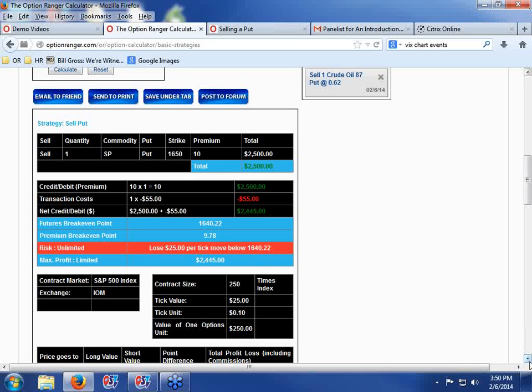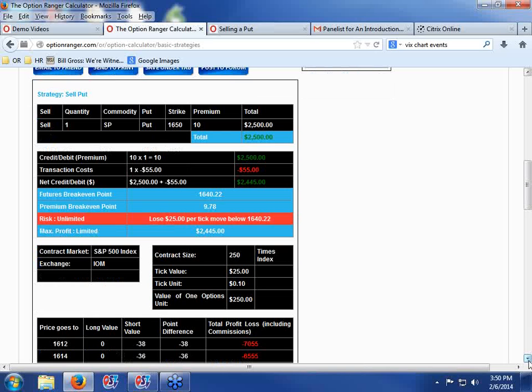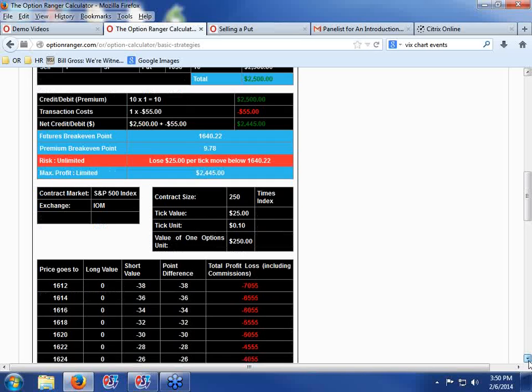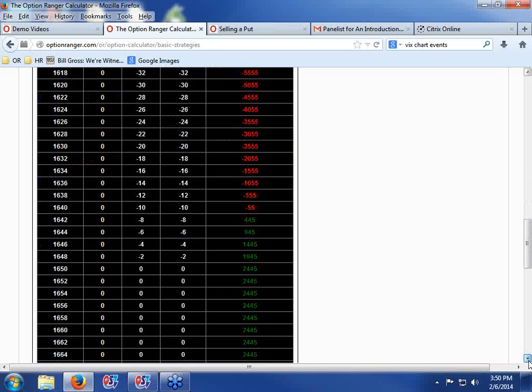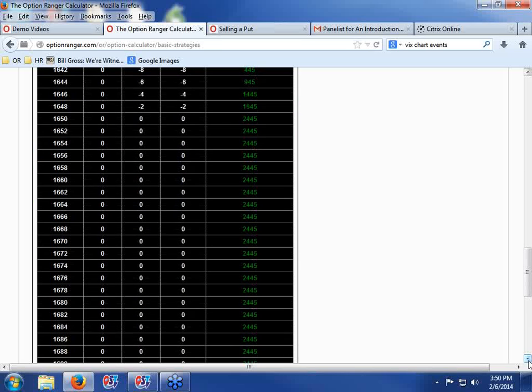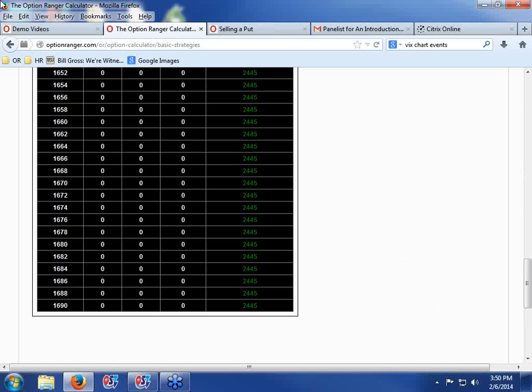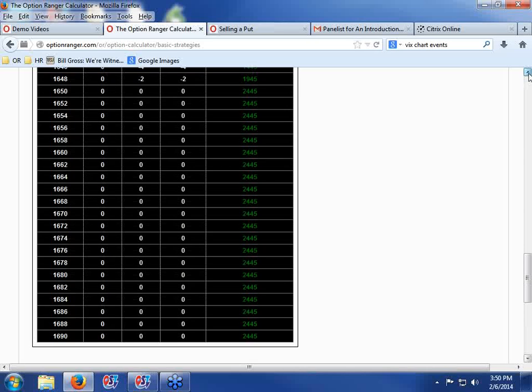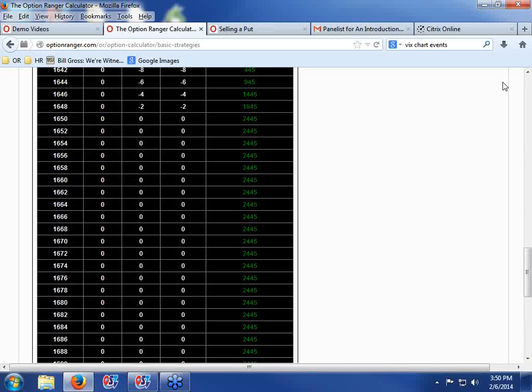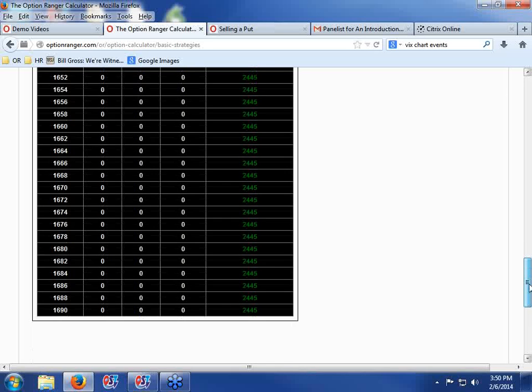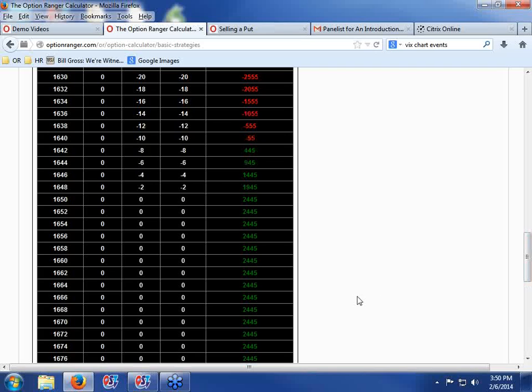So you should watch the futures price, but even more importantly, continue watching the premium price and the volatility. At expiration, as you've seen, this is a bullish outlook, you're selling a put. The real gain, the obvious gain, is if the market goes up or even stays flat. For instance, look at this.